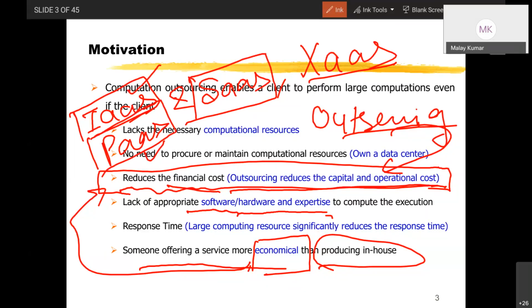Further, an important point here is the response time. Whenever you are using a cloud resource, it will reduce your response time. Why am I saying that?